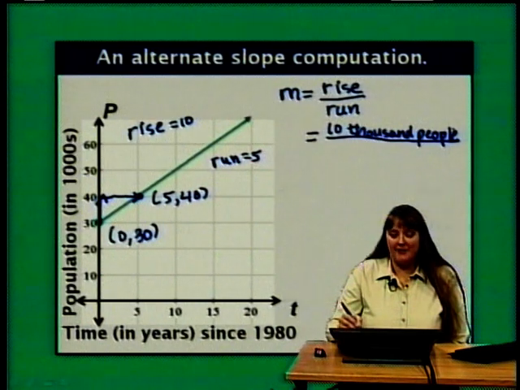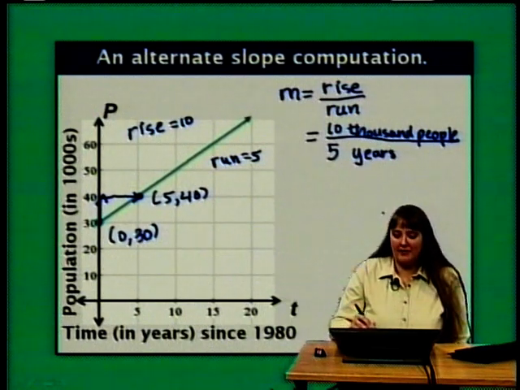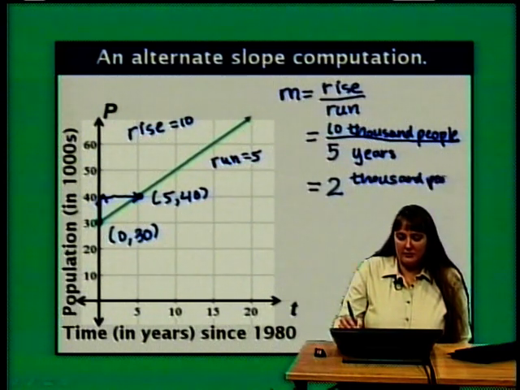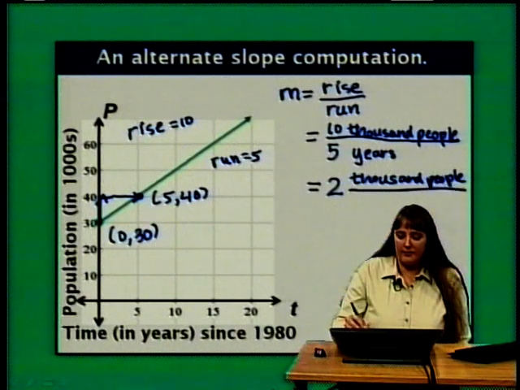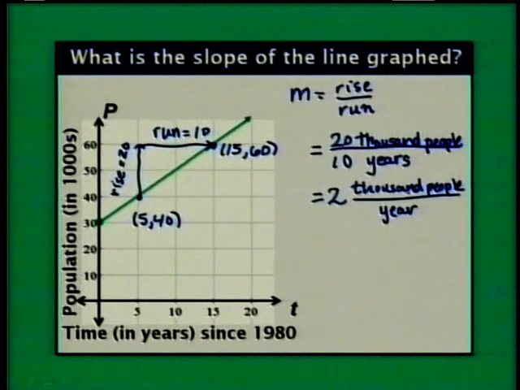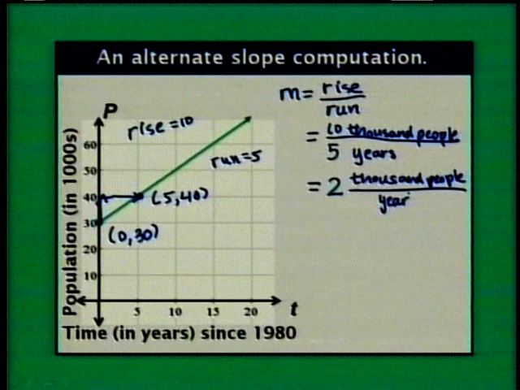And my run is 5, and the units there are years. 10 divided by 5 is 2, so I have 2,000 people per year. That's the exact same calculation I had when I chose a different pair of points. So it doesn't make any difference which 2 points I pick on the line, I should get the same slope.